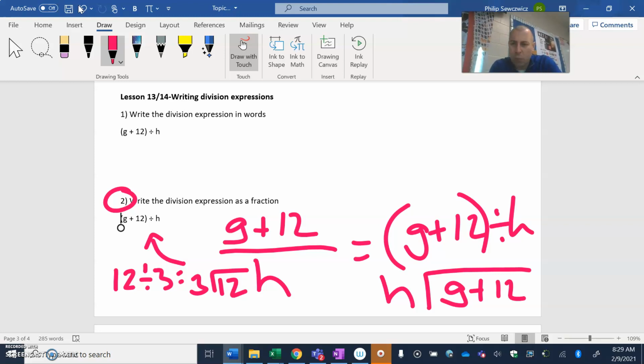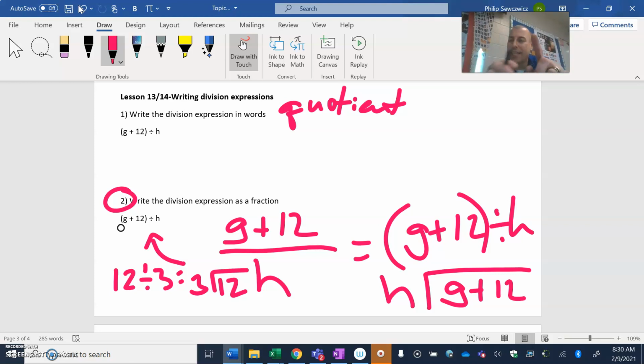They've got us writing this in words. The big word we're after here with division is the word quotient. Now, when we use that word quotient, it's like our word sum, where the word and is going to appear. And does not mean to add.